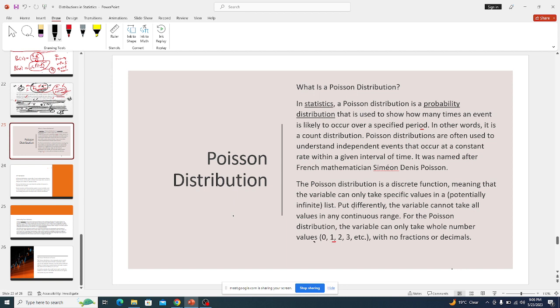Here we will be talking about a probability that will show us the likelihood of how many times an event will occur within a period of time. Like for example, if we are doing an oscillation, we can take oscillation as an example.